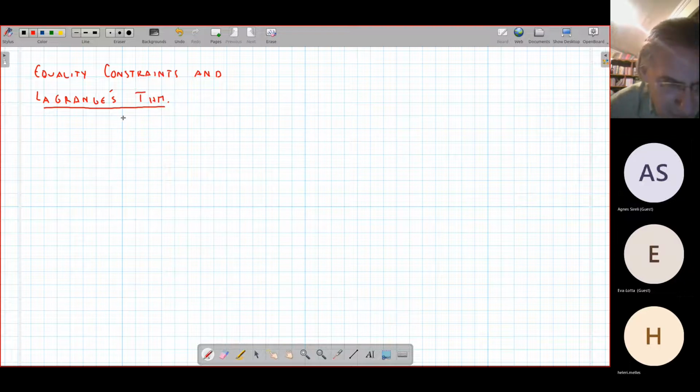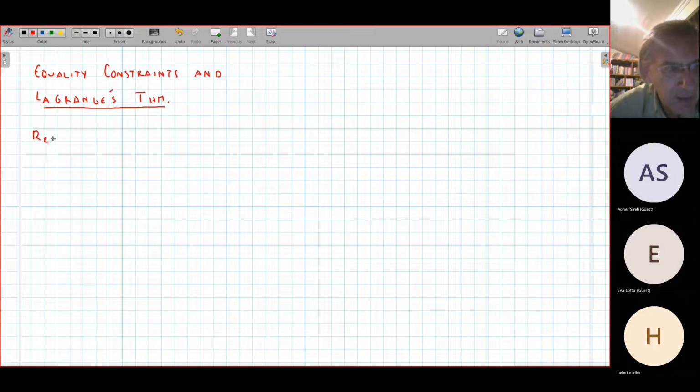And I'm sure that at some point you saw Lagrange's theorem. But okay, so we are going to give an introduction. The introduction will be as a remark.